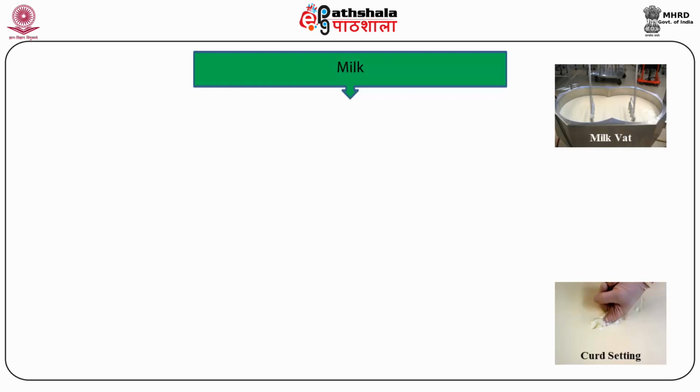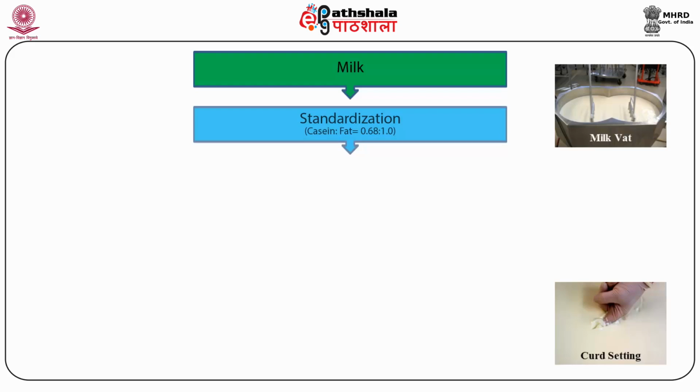After the decision of the type of milk, the milk is standardized. That is, the amount of casein in the milk is standardized, so a consistent type of curd can be formed.